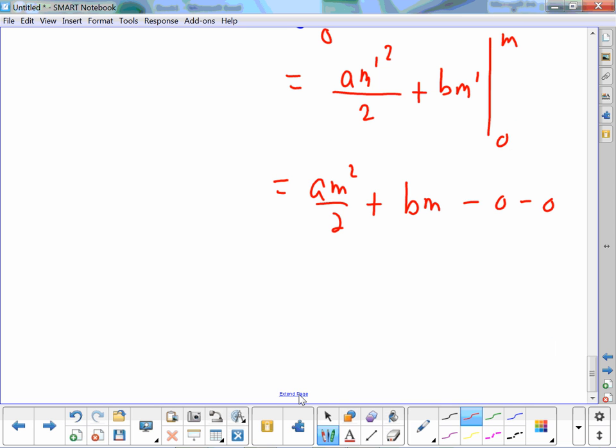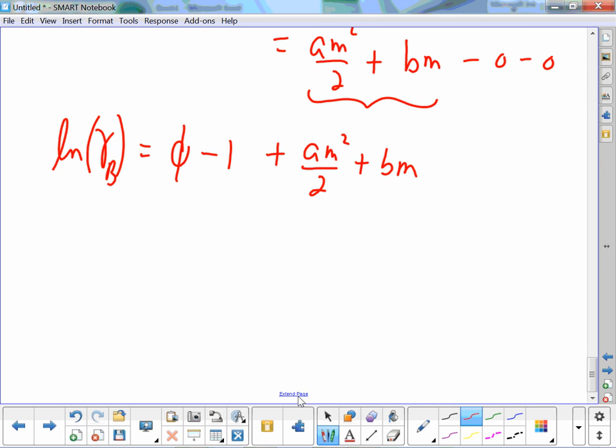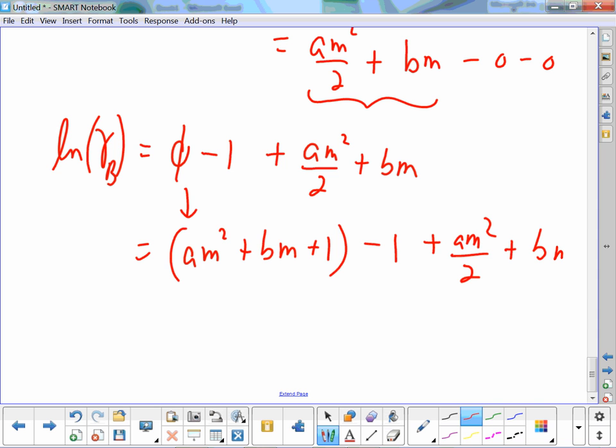So what is our ln of gamma b? It is equal to phi minus 1 plus this integral, which is am squared over 2 plus bm. And what was our phi? Am squared plus bm plus 1 minus 1 plus am squared over 2 plus bm.